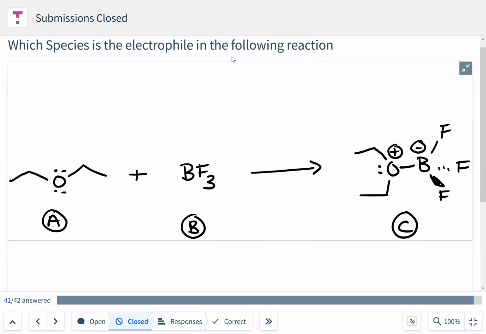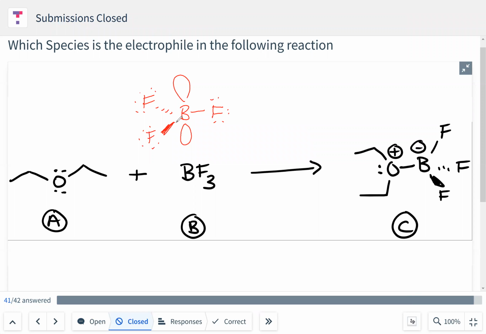Okay, let's draw some stuff here. So boron trifluoride. Our boron, of course, has got only 3 valence electrons.